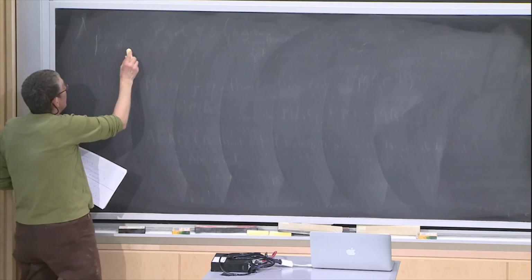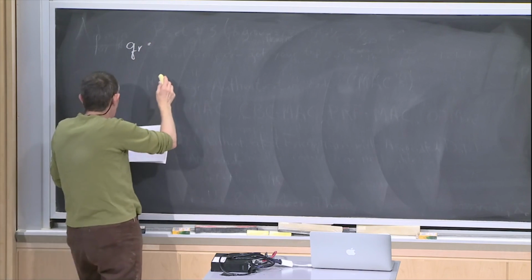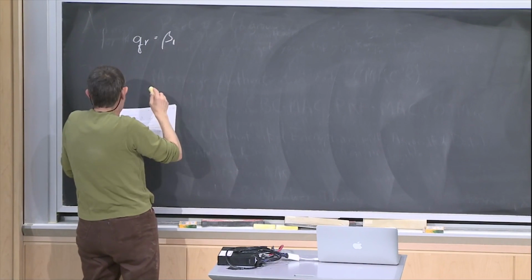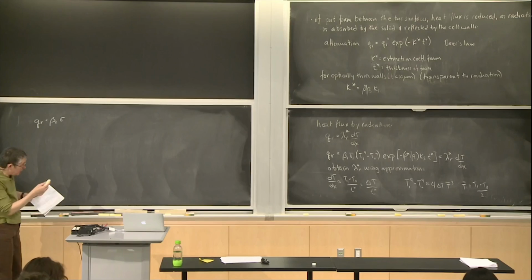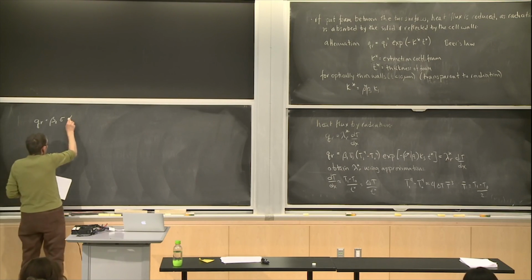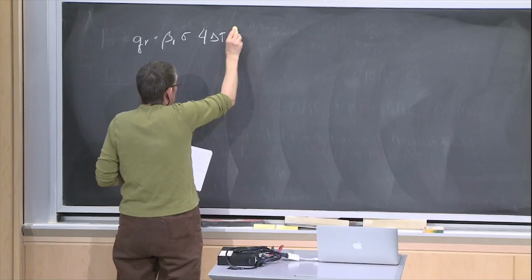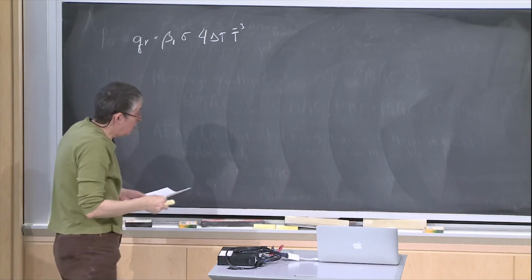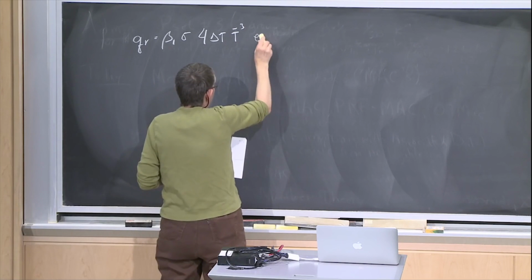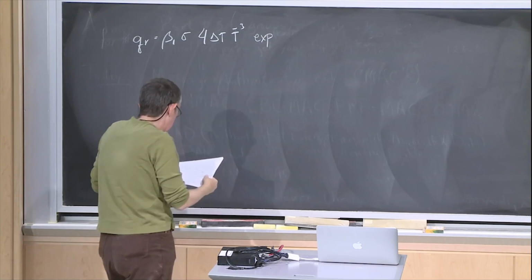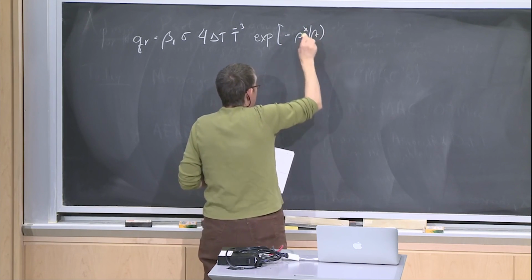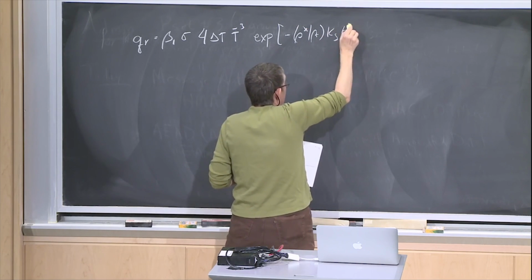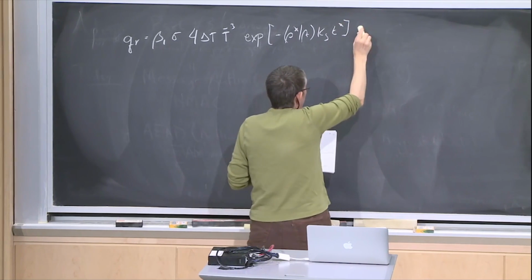So then if I use those two approximations, I can write that QR, our heat flux from radiative transfer, I've got the beta 1, I've got the sigma, and instead of the difference of the fourth power, I'm going to write 4 delta T, T bar cubed. And then I've got my exponential. So then here's the relative density times Ks times T star, the overall thickness.